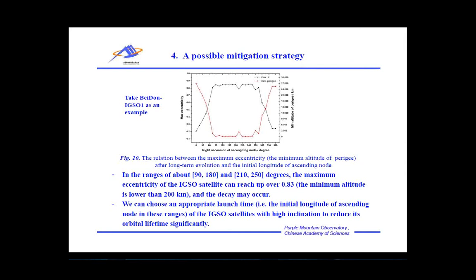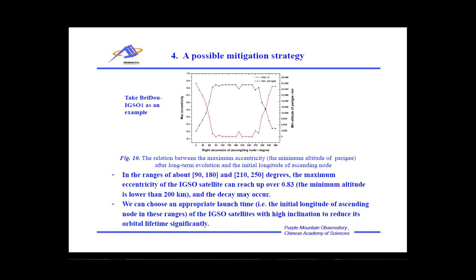This figure 10 shows the relation between the maximal orbit eccentricities after a longer evolution and the initial longitude of ascending nodes. We can see in some windows of ascending nodes, for example from 90 to 180 and 210 to 150 degrees, the maximal eccentricity of the IGSO satellite can reach over 0.83.